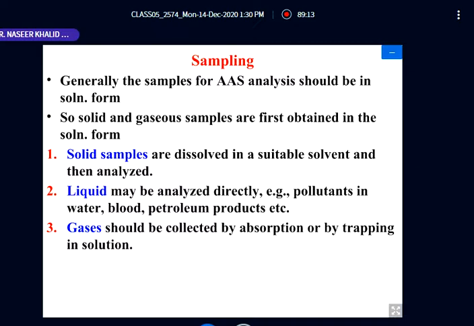When the sample size is very small, for example a blood sample or other body secretions, which are available only in micro quantity, we use microliter quantity. So we use the graphite furnace in those particular cases.